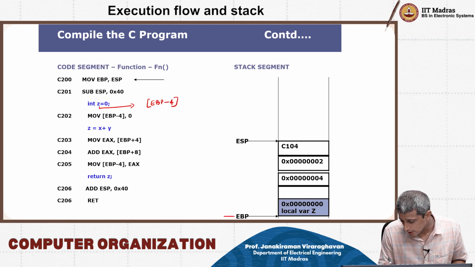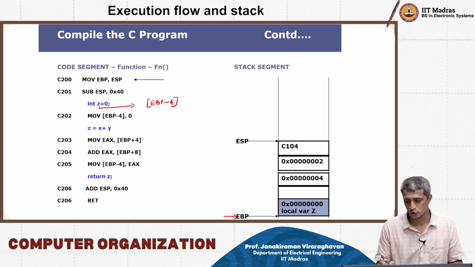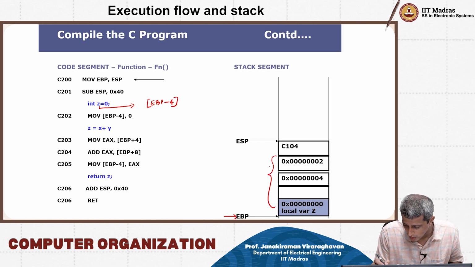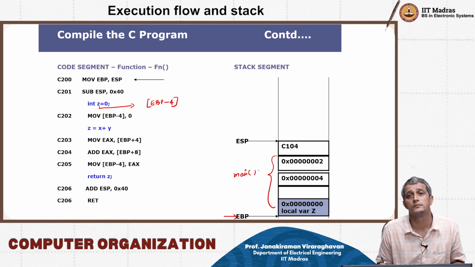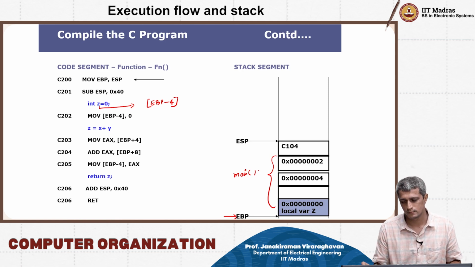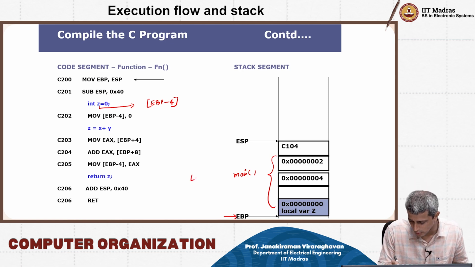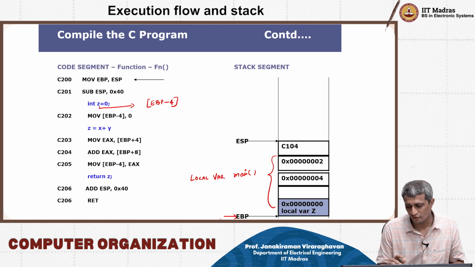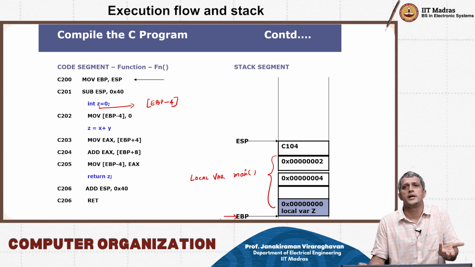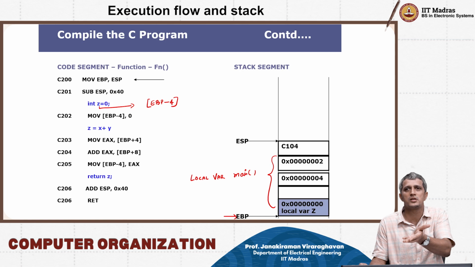Currently my EBP is pointing to something in main. Remember, anything below is that of main, the calling function, the local variable space of main, and therefore it is not meant for this function fn.